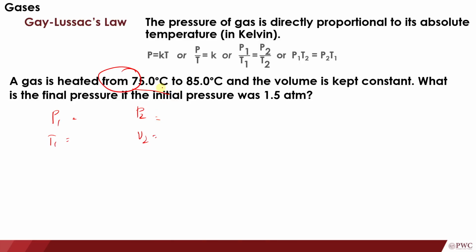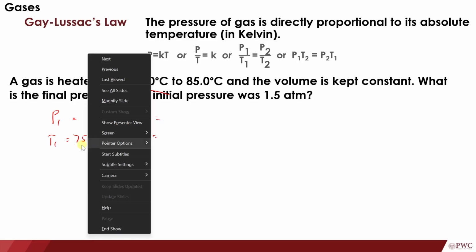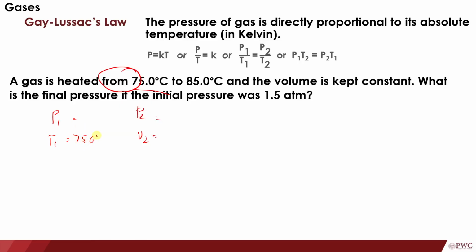Our initial temperature is 75.0 degrees Celsius. Then our final temperature is 85.0 degrees Celsius. And then here, what is the final pressure when the initial pressure is equal to 1.5 atmospheres?